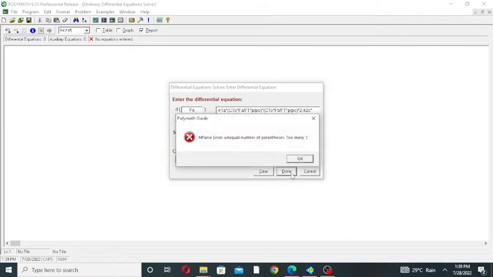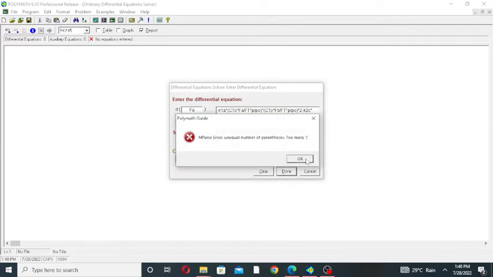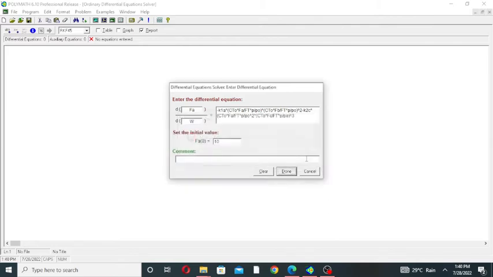and click on done. There are too many brackets, unequal number of parentheses, so it is phi divided by this one.